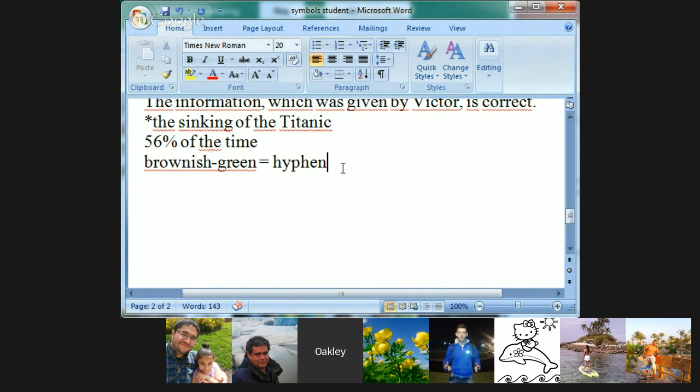Okay. Why do you use a dash? Do you know? To describe the word after the hyphen by the word before the hyphen. It's like the adjective before the hyphen describes the word after the hyphen, something like that.